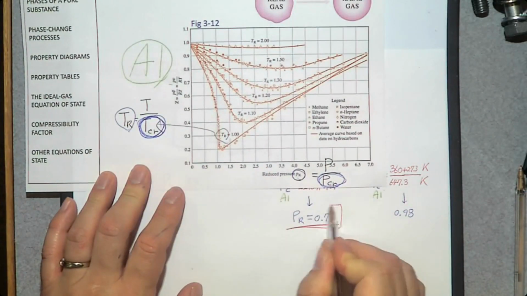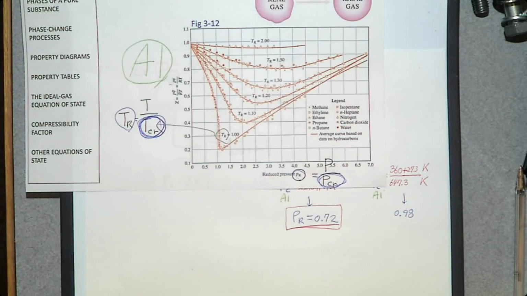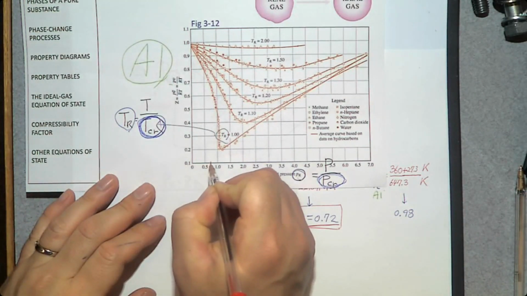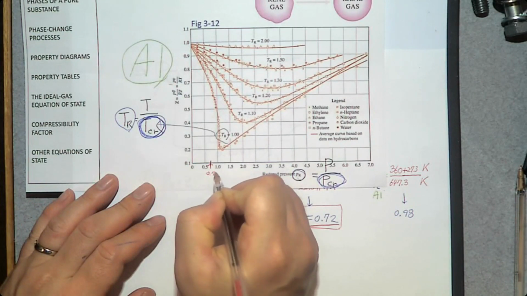Reduced pressure first. It is 0.72. Where is the reduced pressure on this graph? The horizontal axis is reduced pressure. So let's find 0.72. It is somewhere here, right? That is 0.72.